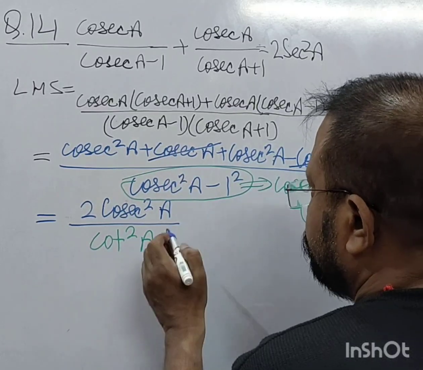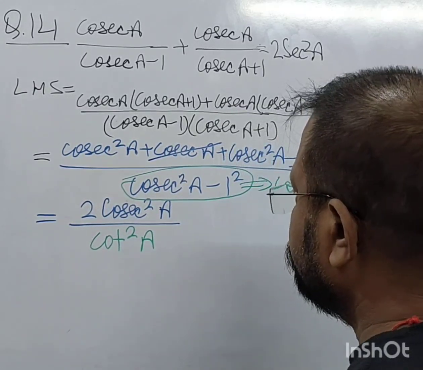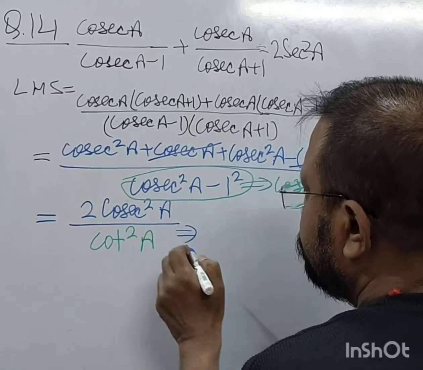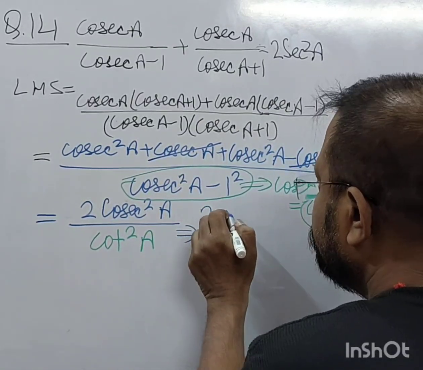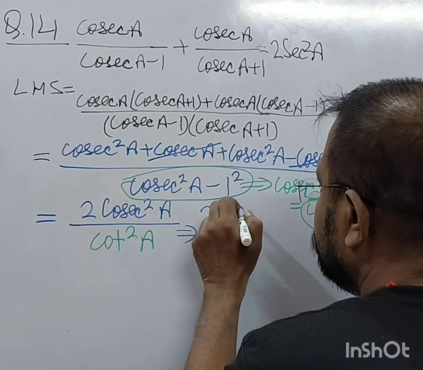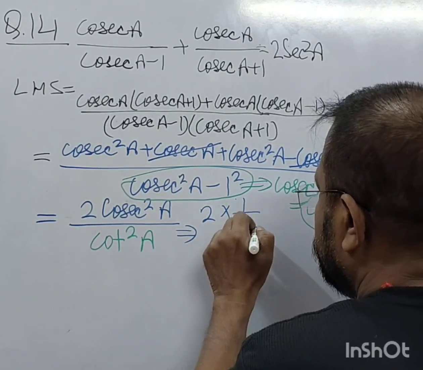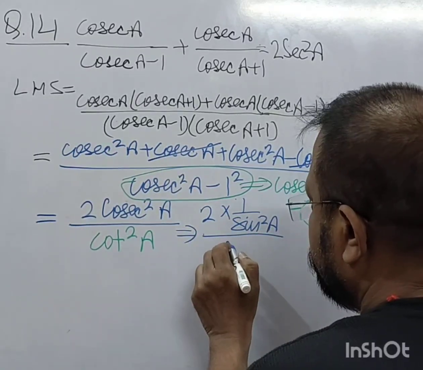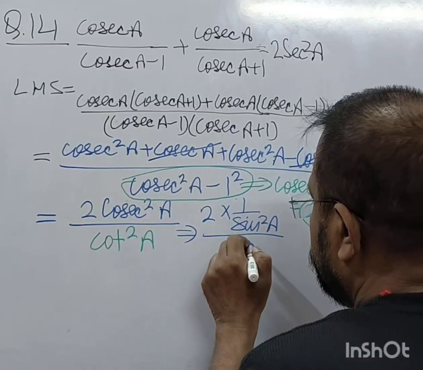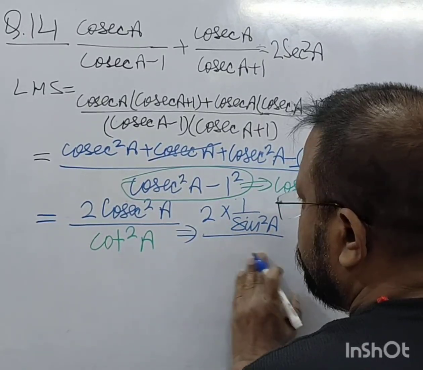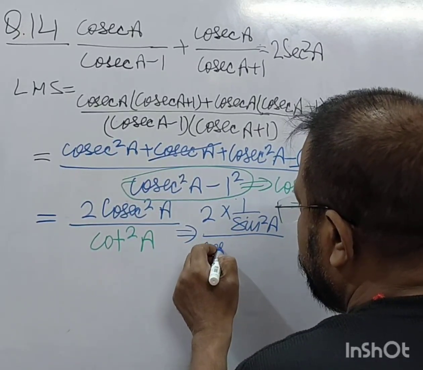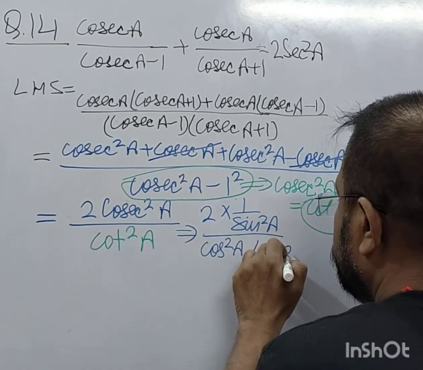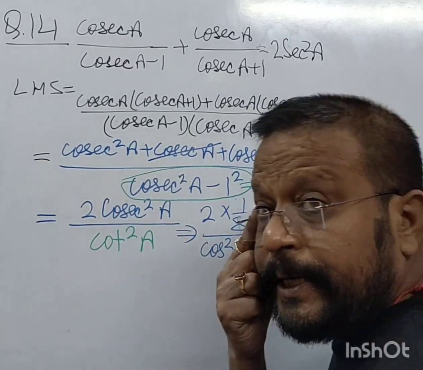Now if you do it like this, 2 into 1 upon sine square A upon cos square A upon sine square A, right?